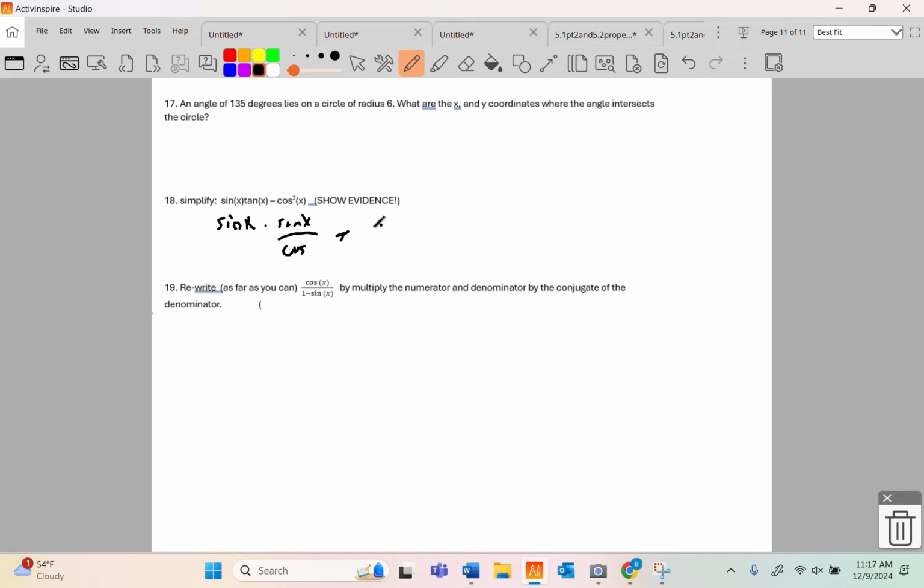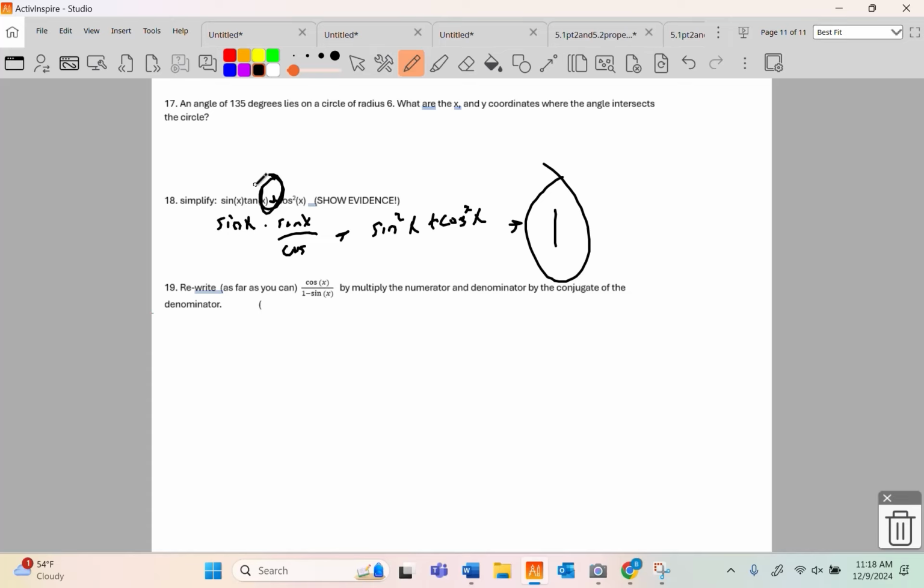So this becomes sine squared of x over cosine. I really want this to be a plus sign. Make that a plus cosine squared of x, which is just 1. So that needs to be fixed. That's cosine. Sorry about that. This is supposed to be a simple one.